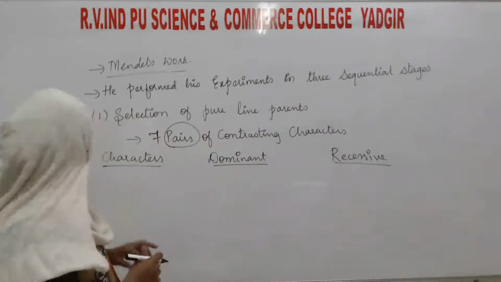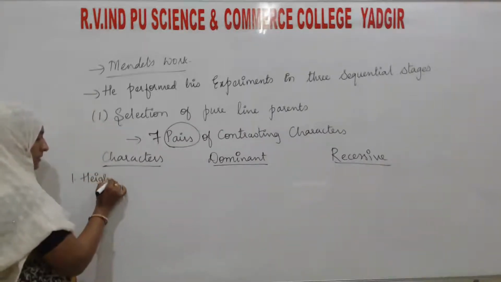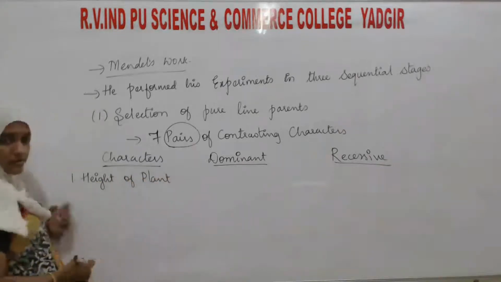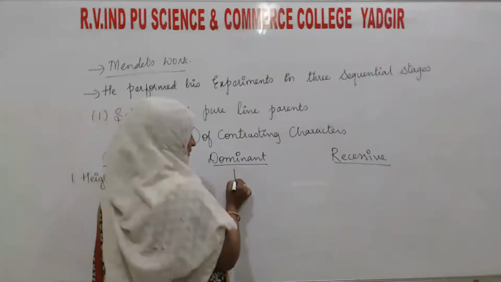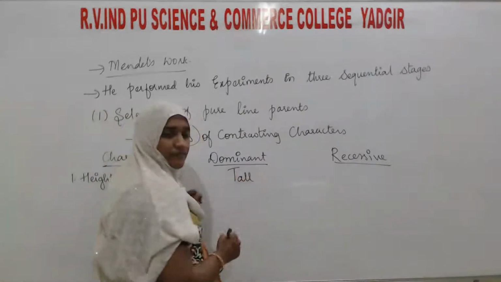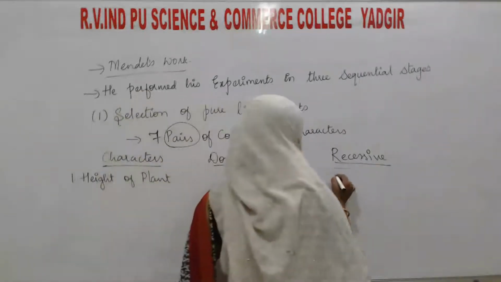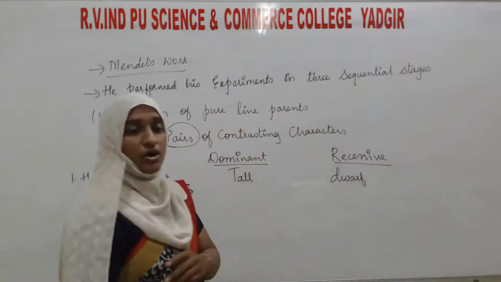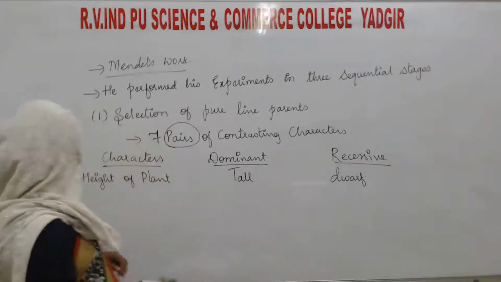So first the character is height of plant. If we go for the height of plant, dominant means it will be tall, recessive means it will be dwarf. Don't be confused with the word dwarf. Dwarf means short.